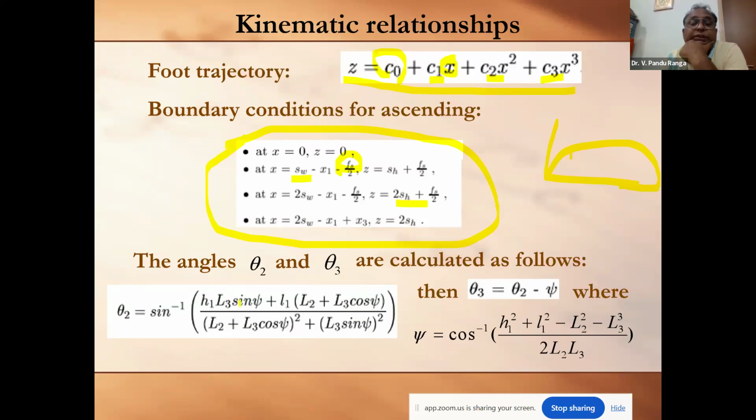Before explaining that, I will once again come back to determining the gaits theta 2 and theta 3. You have to remember the numbers carefully. Theta 2 and theta 3 are the gaits related to the lower link and upper link of the swing leg. By knowing H1 and L1, the height and the length of the hip joint from the swing foot, and with the help of the link lengths L2 and L3, the lengths of the lower leg and upper leg of the biped robot, we have calculated theta 2 as well as theta 3.